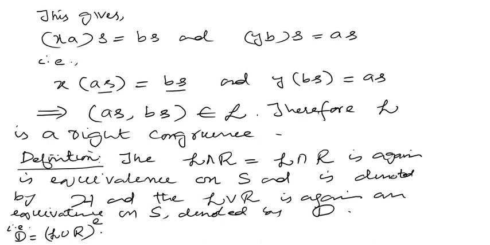Okay, so these are the relations. Note, the relations L, R, J, H and D are called Green's equivalences. These are all called Green's equivalences.